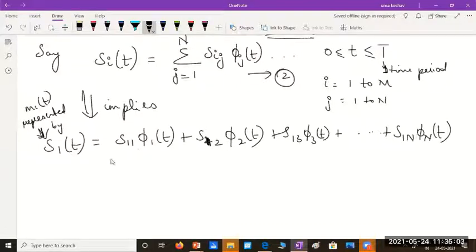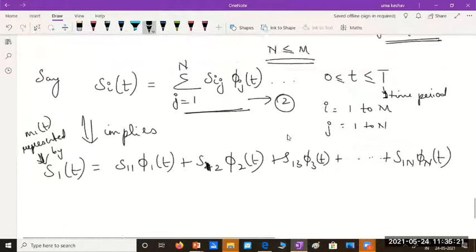So this is what we call a linear combination of orthonormal basis functions. Remember, phi 1, phi 2, phi 3 are all orthonormal basis functions. And what is orthonormality? We have already defined it here.